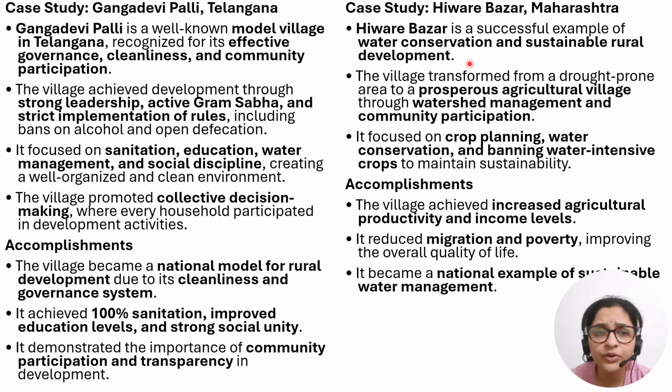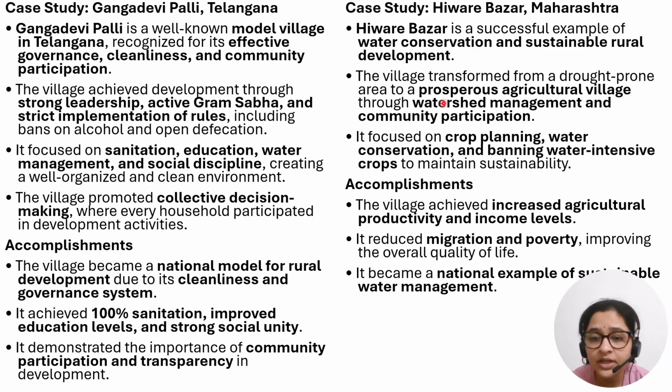Then there is one more place called Hiware Bazar, Maharashtra. It is also taken as a model village, and it set an example with respect to water conservation and sustainable rural development. This area is drought prone, that is, it had acute water shortage.